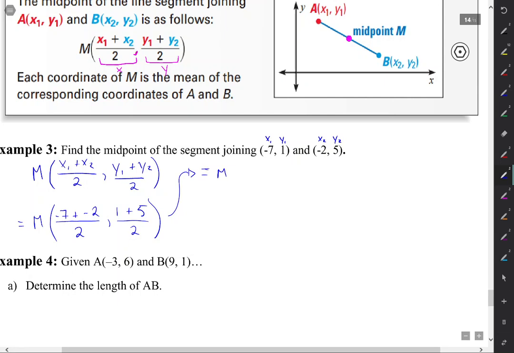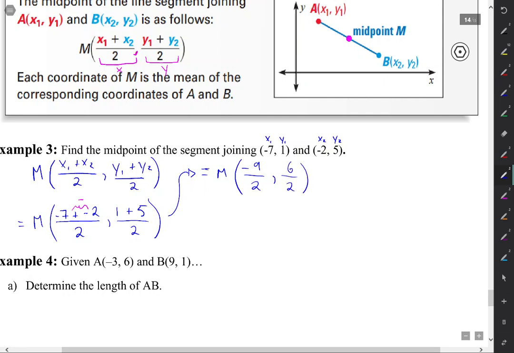Our midpoint is going to be minus 7 plus minus 2. Well, if we have a plus and a minus next to each other, that's the same thing as just minusing. So it's like minus 7 minus 2, which is minus 9, divided by 2, and then comma, 1 plus 5 is 6, divided by 2.